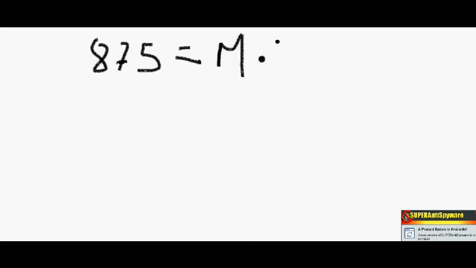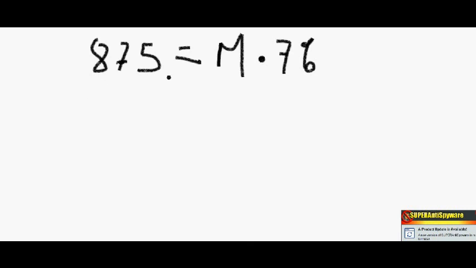So our equal is 875. We'll put the unknown as m, money at 7% interest. 'At' is another word for 'of,' so that means 7% of m to produce a yearly income of at least 875. So there we go.